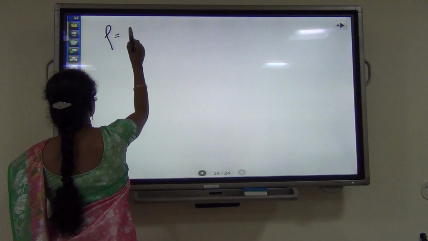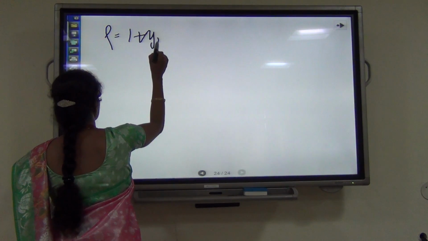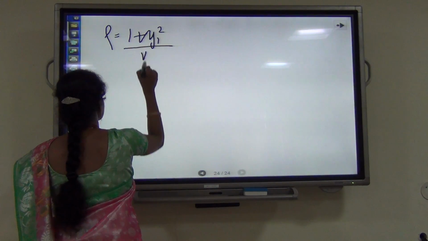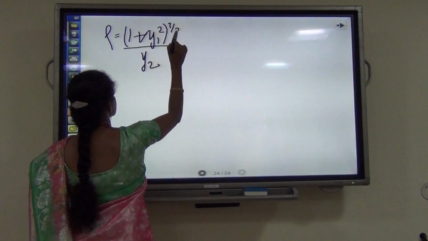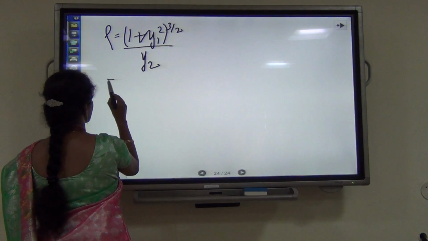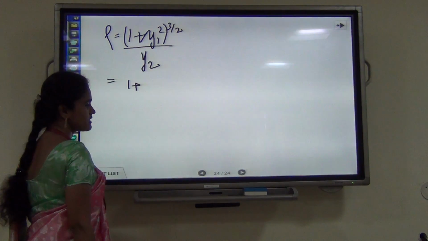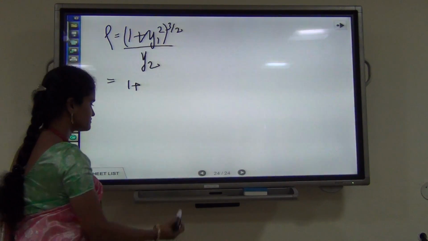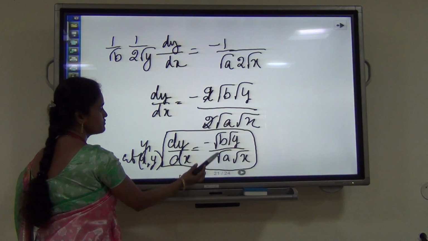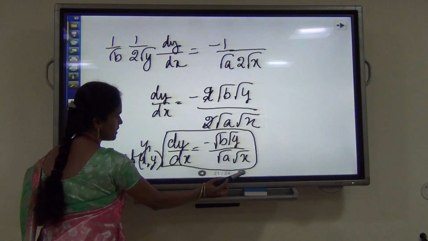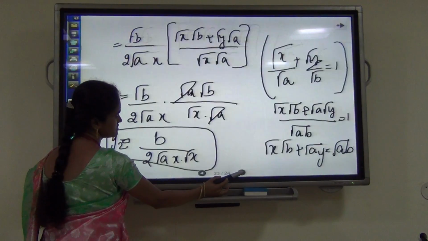Rho is equal to 1 plus y1 square to the power 3 by 2, divided by y2. Okay. 1 plus, what is y1? Root b root y by root a root x.